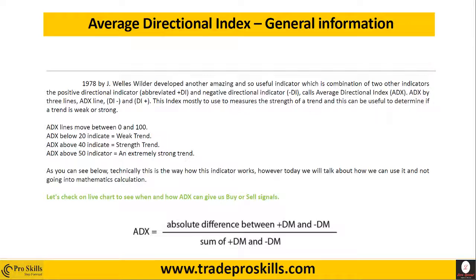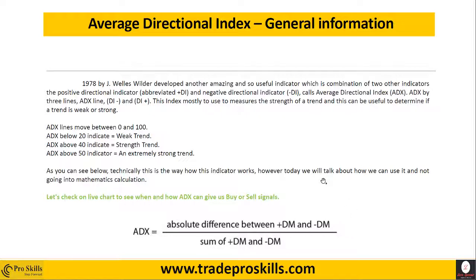There is no limitation on time frame or symbol, and you can use it for any of them. This is how it's calculated mathematically, but today we are not going to talk about the calculation. You can search and find it. I don't think that is that useful for you.